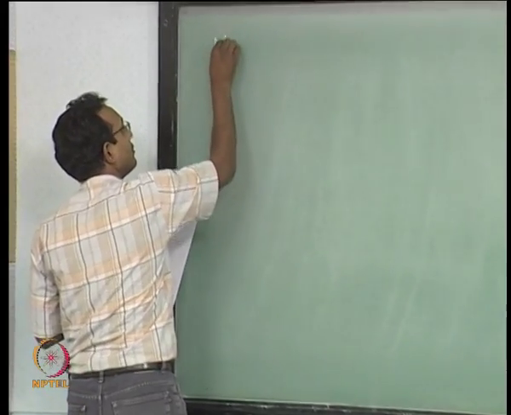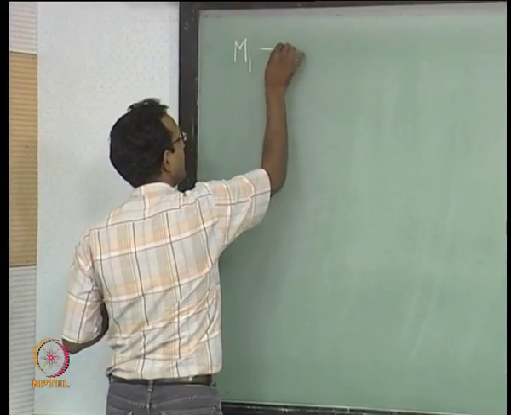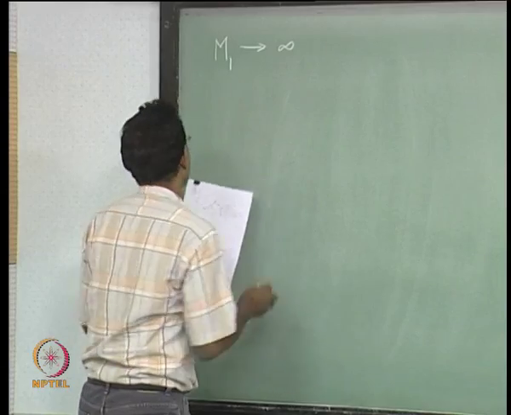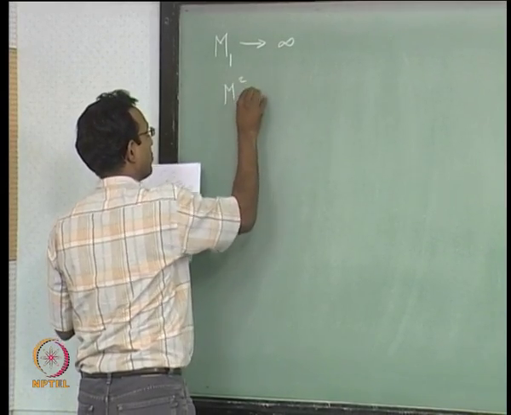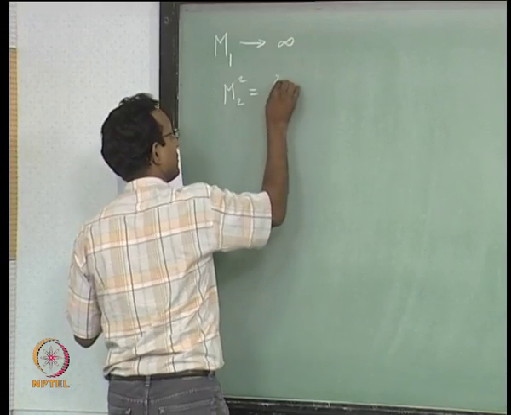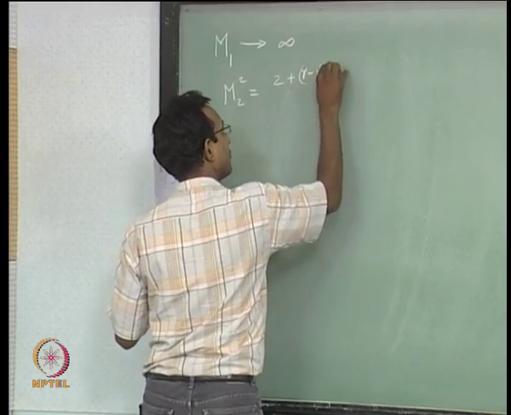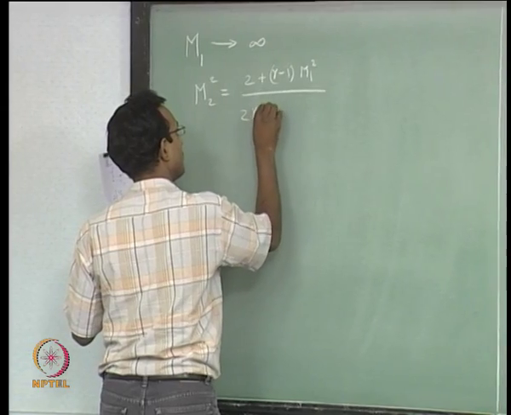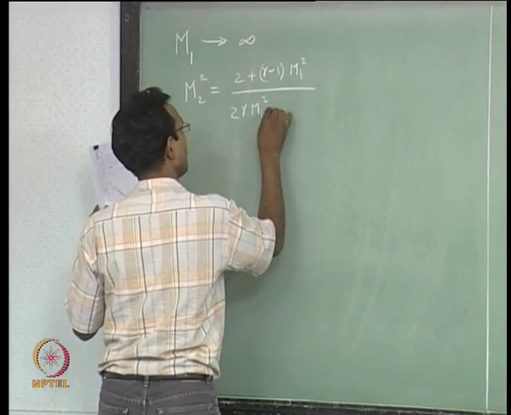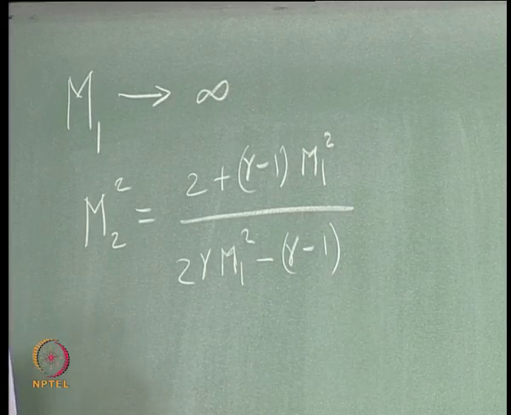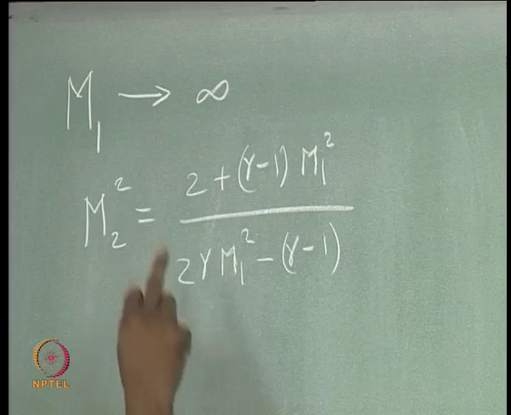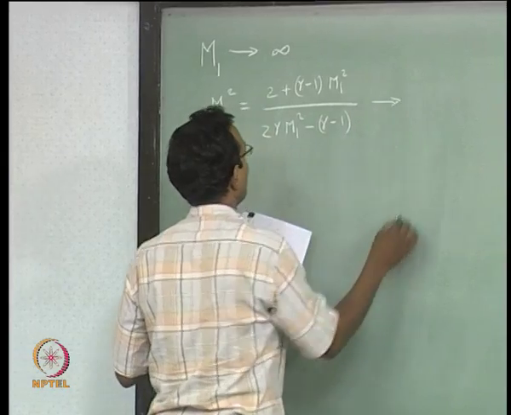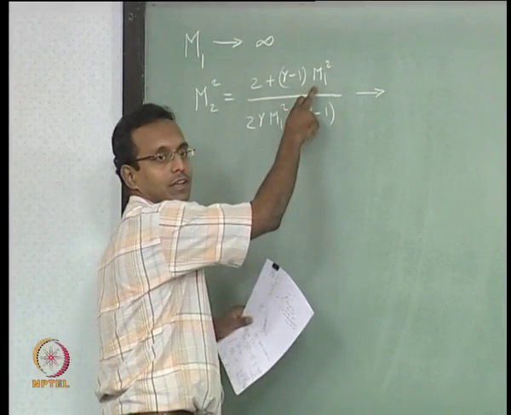So we are thinking about the incoming Mach number tending to infinity, that is what we are looking for. And we have this expression for M2 square; we have derived all this normal shock relation, I am just writing it. Now if I set M1 tending to infinity, M1 being very large, then I can neglect this 2 with respect to infinity.